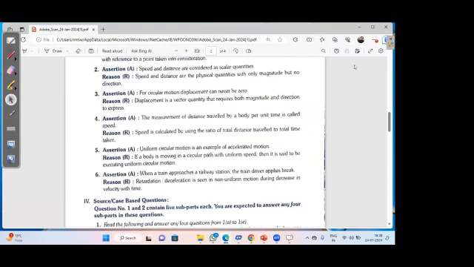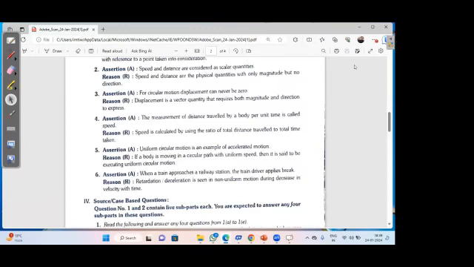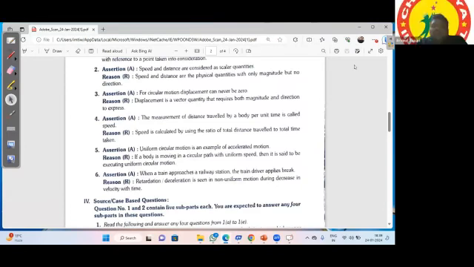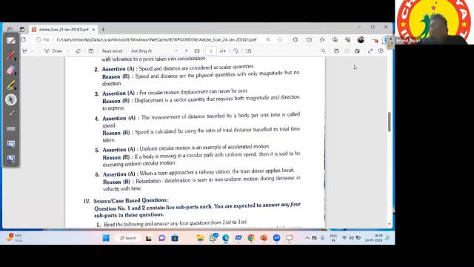Yes, sir. For circular motion, displacement can never be zero. Is it correct? Sir, A and R both are true, but R is not the correct explanation of A. A has to be the correct explanation of R. So I'm telling it's not the correct explanation. Okay, see, is assertion correct?